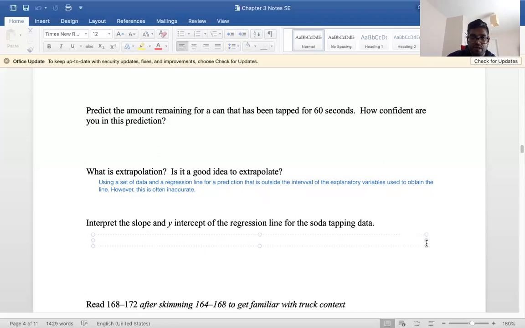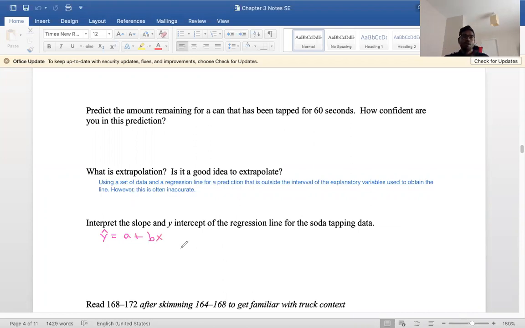Next one, interpret the slope, last thing, and y-intercept. So a couple things. Let me draw something first. The equation that we use is y hat, that's called y hat because it's got a hat on it, equals a plus bx. That's your general equation for all linear regression models.